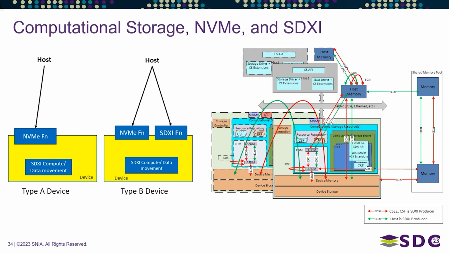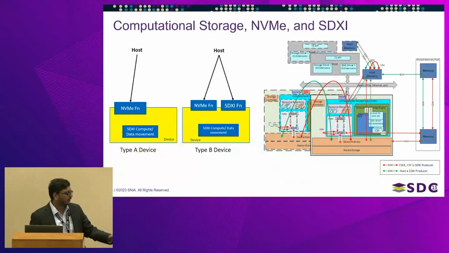The two devices on the left show some of the ways that we're imagining this could fit into, say, an NVMe subsystem. An STXI data mover could be transparent to the host and within the NVM subsystem. That's basically the type A device on the left.